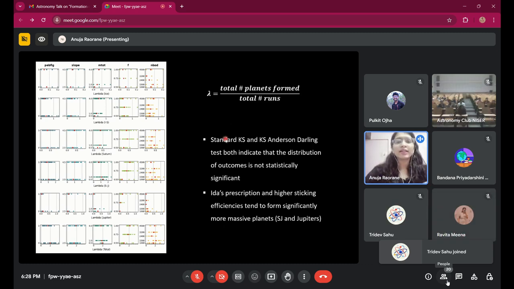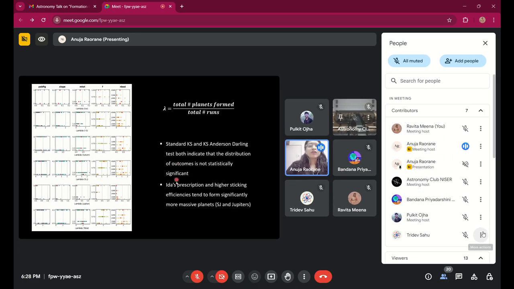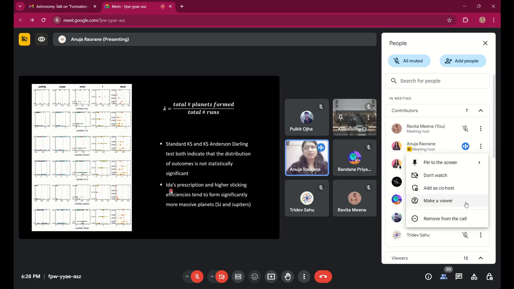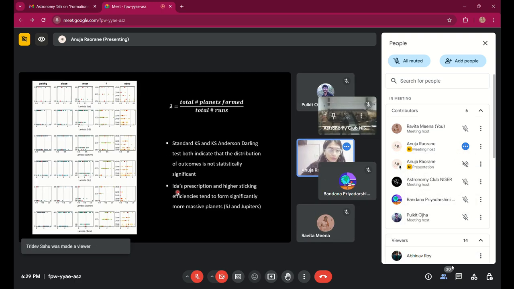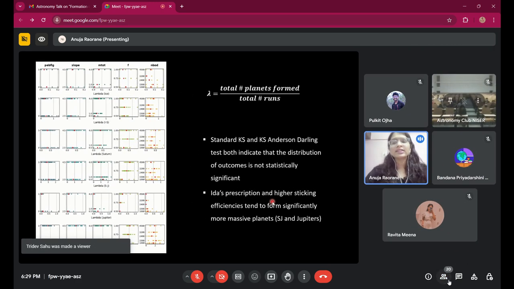Different combinations don't really give us statistically significant different output. But if we want to see a trend, one of the EDA's mechanism, the prescription that EDA's group gives us, and the higher sticking efficiency tend to form significantly more massive planets, more massive than Saturn and Jupiter.